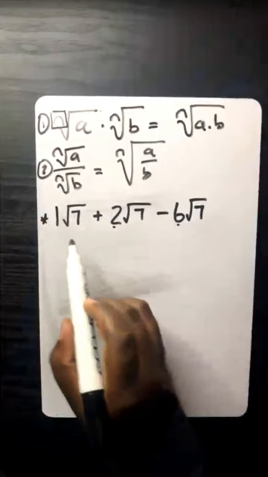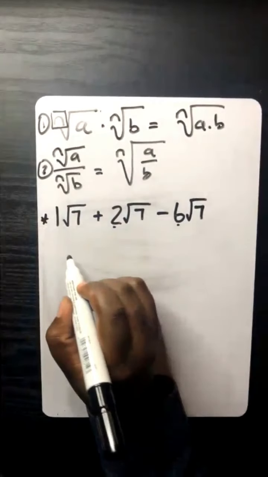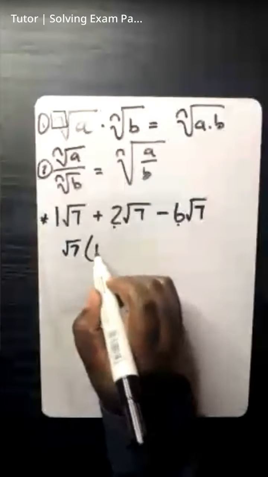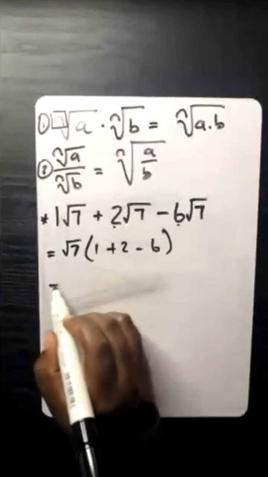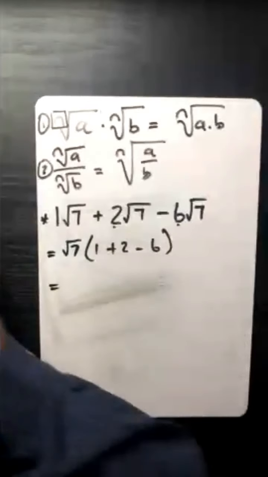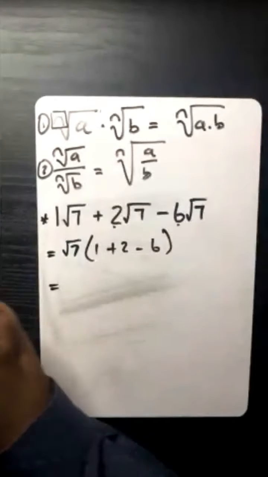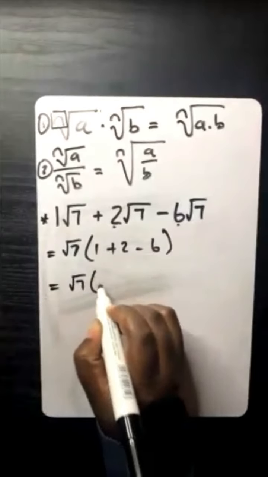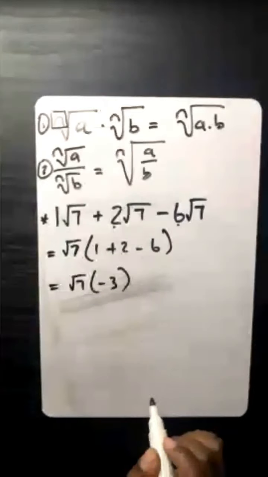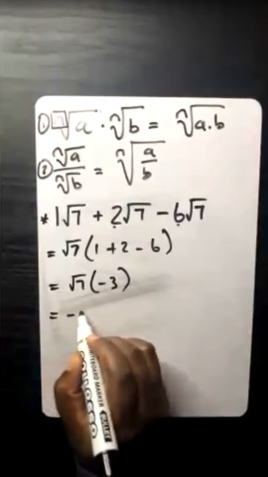So we've got 1, 2, 3 terms. And in each term, we've got a common factor, which is square root of 7. Then times 1 plus 2 minus 6. What is all of this, guys? Let me see. We've got 1 plus 2 minus 6. This is negative 3. So that means we've got square root of 7 times negative 3, which can be written as that.